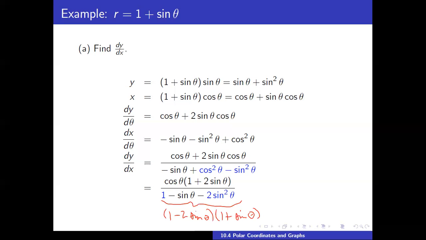Wouldn't it be 1 minus 2 sine theta plus sine theta, which is just minus a single sine theta? And then it would be minus 2 sine squared theta, yes? So that denominator actually factors nicely, which is something that we'll use here pretty soon. That's one of the advantages of completely switching over to having things in terms of the sine function. Okay, any questions on that? Because we're about to use this formula in this example. Any questions at all?